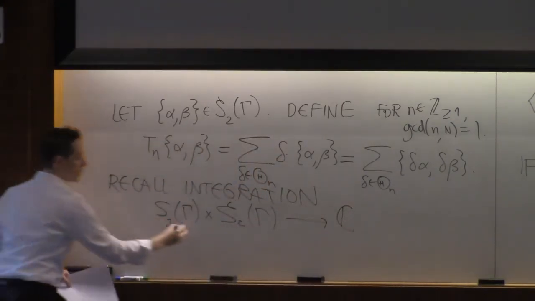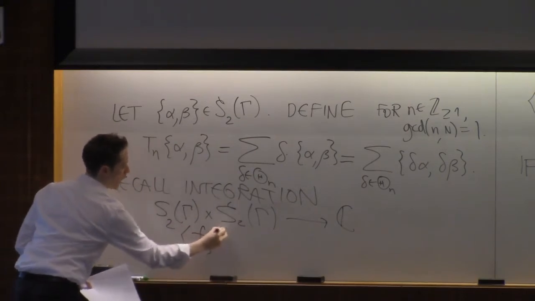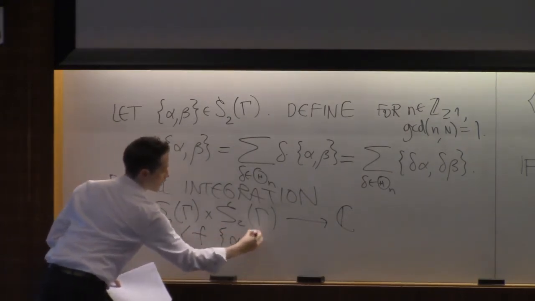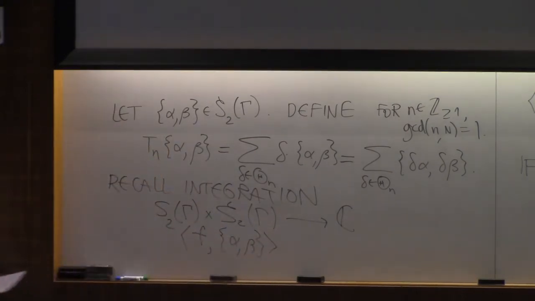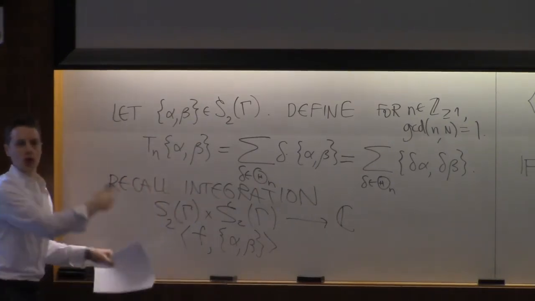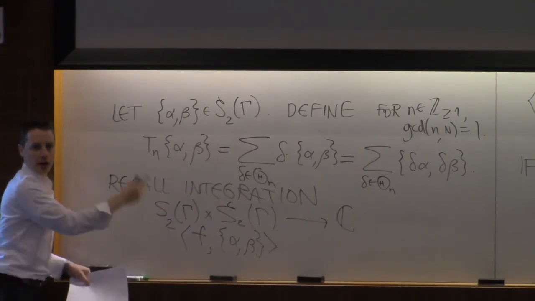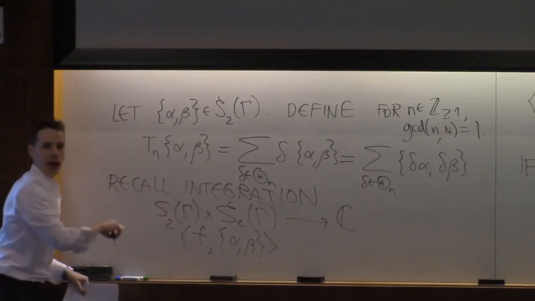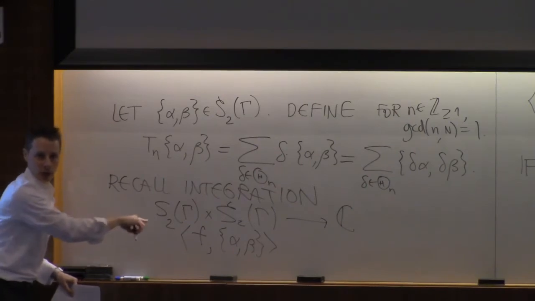So I take my form F, and strictly speaking, I have to take a linear combination of modular symbols such that it gives me a linear combination of paths in X of gamma. So I'm just going to define this on the M2s extended by linearity, right? If I had such a guy, I would write it as a linear combination of the alpha beta. Is that clear what I'm monkeying around?